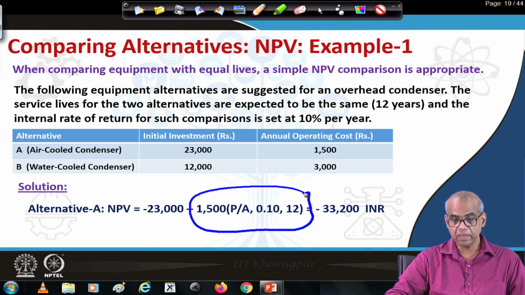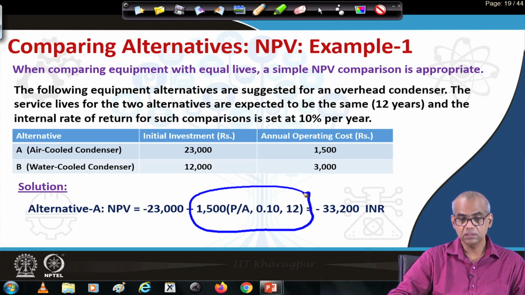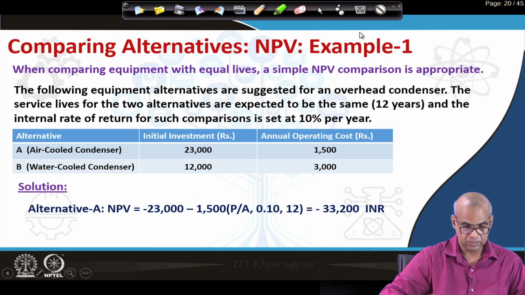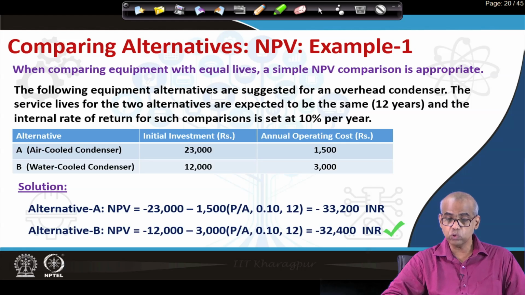So, find the P/A factor for the 12-year service life at interest rate 10%. Multiply that with the operating cost 1500. And then this should be added to the initial investment 23,000. So, this way you compute NPV for alternate A is 33,200, for alternate B it is 32,400. So, alternate B is economical and should be recommended.